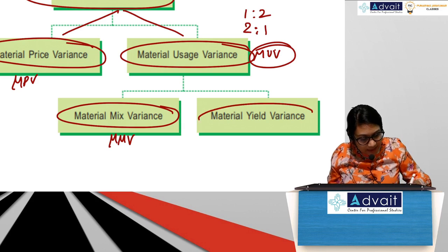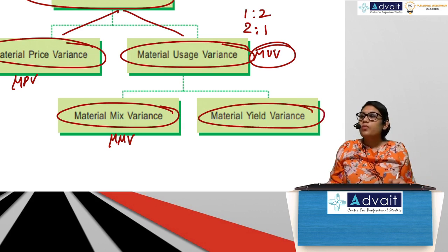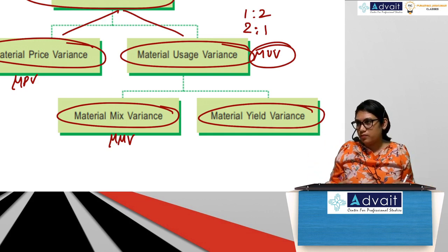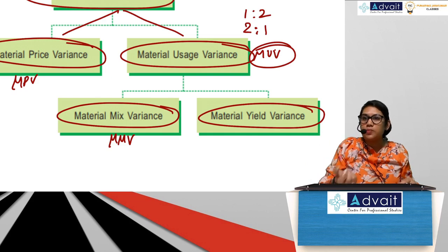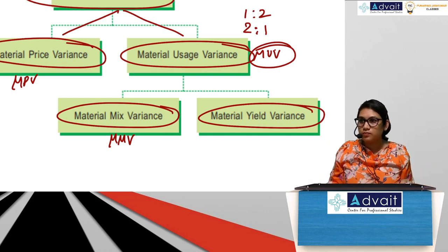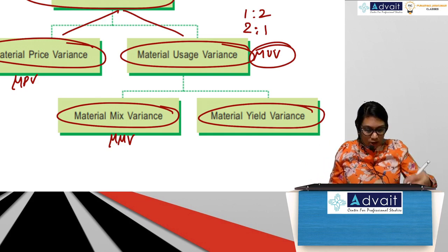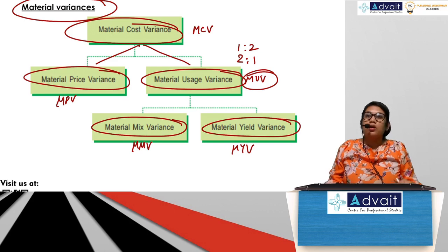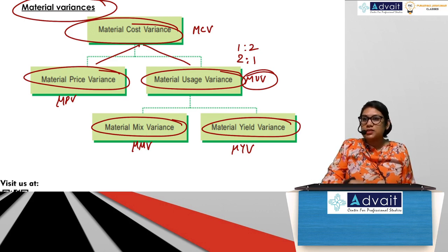Then material yield variance, MYV. Material yield variance is because of loss in processing. I thought the loss will be this much, it ended up being this much. So we will be calculating variances for all these components.